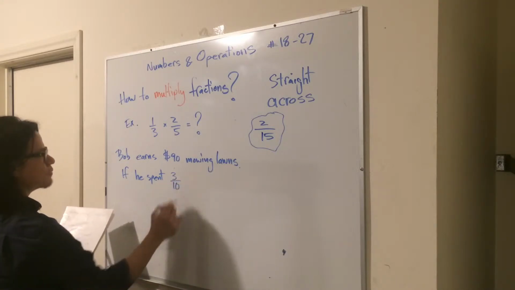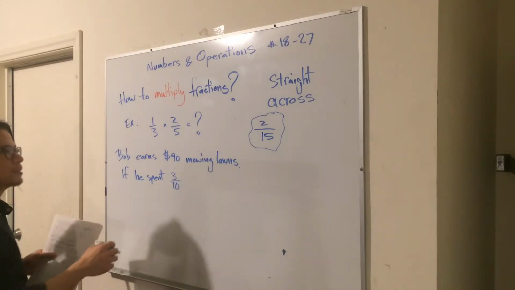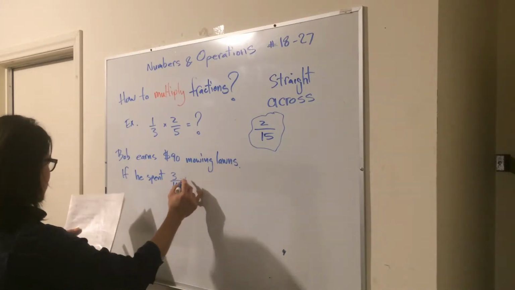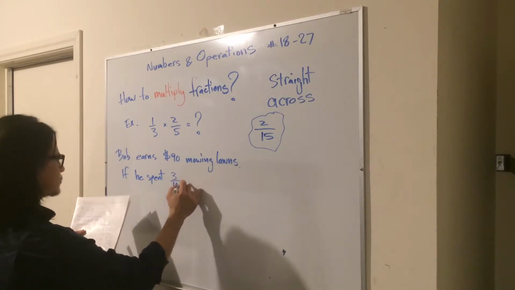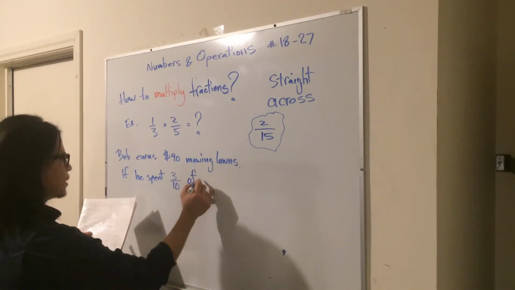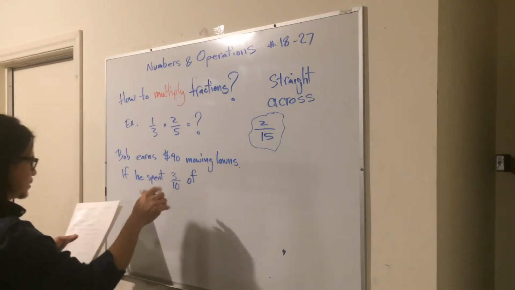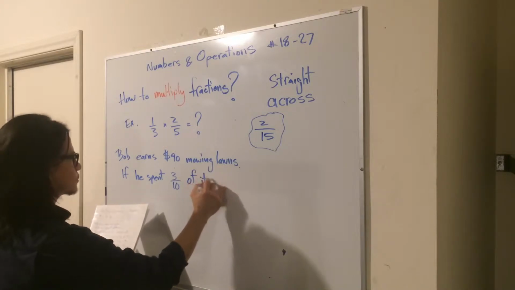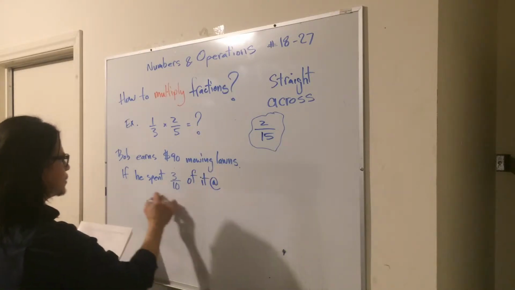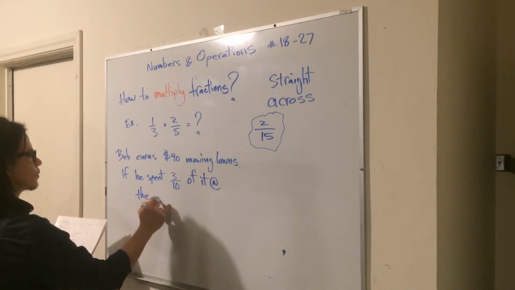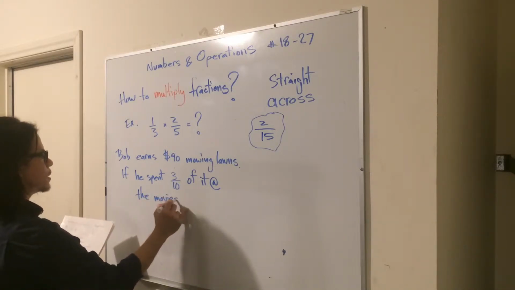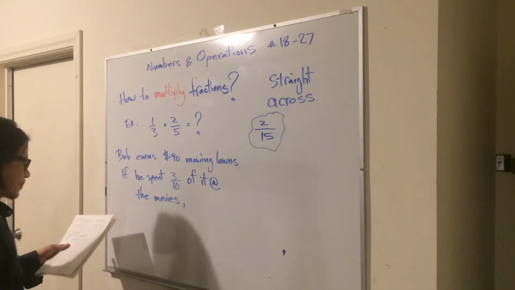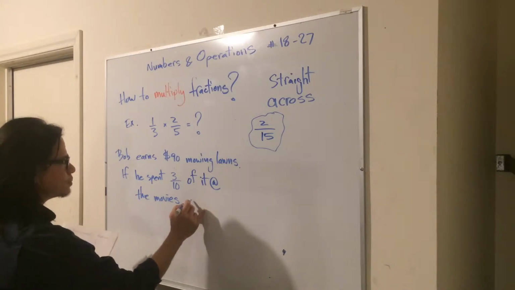As of today, Avengers: Endgame has just entered the theater. So, let's say Bob spent 3/10 of his $90 watching the Avengers at the movies. Guess what the question is? How much did Bob spend at the movies?